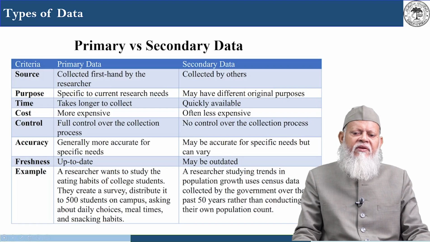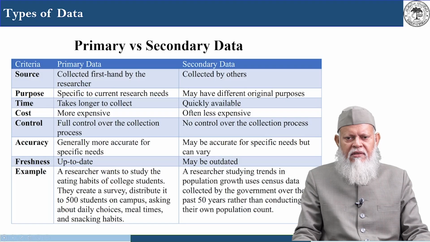Or if a researcher is studying trends in India's trade, then also he has to go to the data supplied by the Ministry of Commerce for any period of time that his research is related to. So, that way we have distinguished the primary and secondary data.